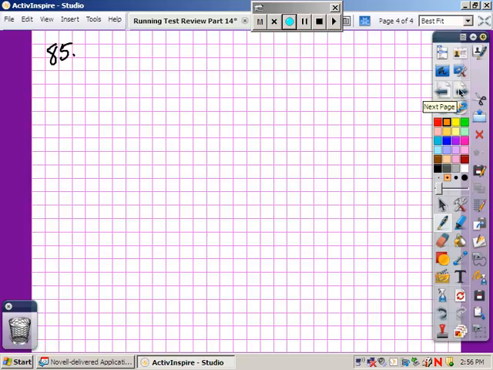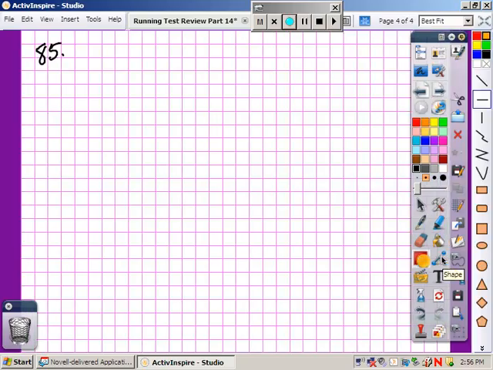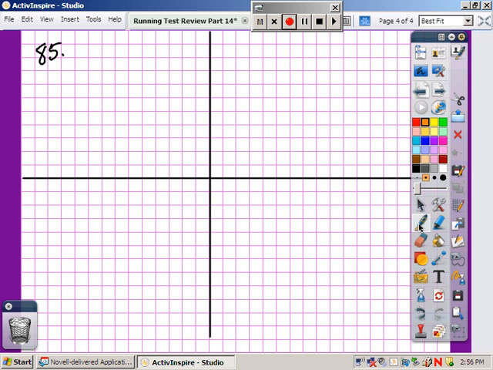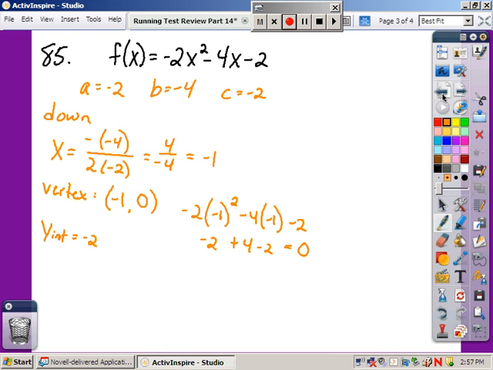So for the graph of this one, we need our symmetry line at x is -1.